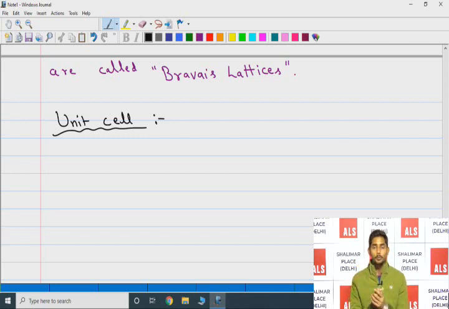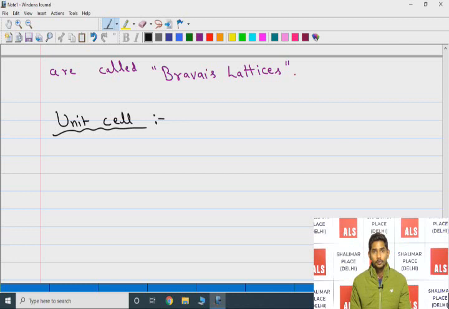Means the small cubes have connected, and after that regular arrangement, it generates a bigger cube. So that smallest cube from which the whole bigger cube has been built is known as what? Unit cell. So unit cell is the smallest repeating unit by which we build the crystal lattice.